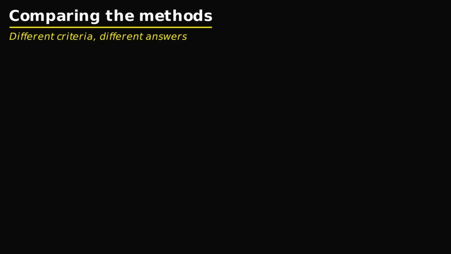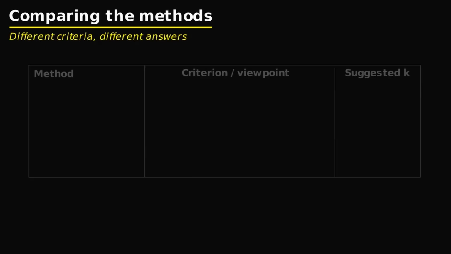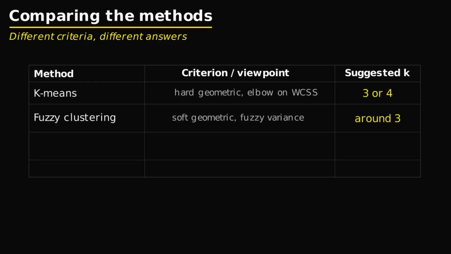Let us now compare the methods. K-means and fuzzy clustering are geometric methods, but they are not identical. K-means suggests 3 or 4 clusters, while fuzzy clustering points to about 3. The full probabilistic model, combined with BIC model selection, points to 5 components. These methods optimize different criteria, so they are not expected to agree exactly.